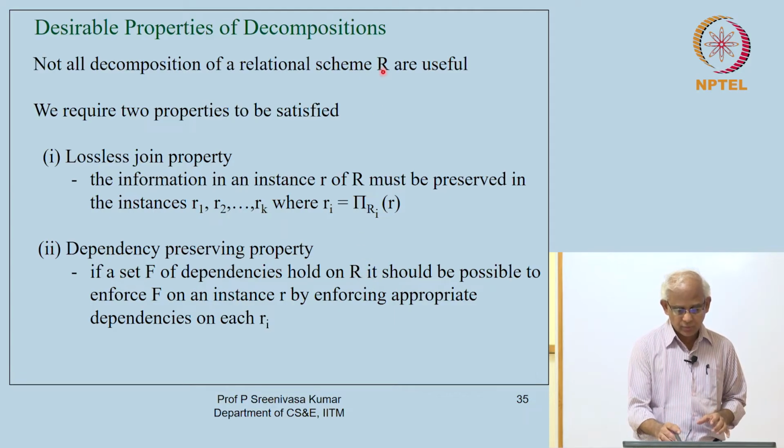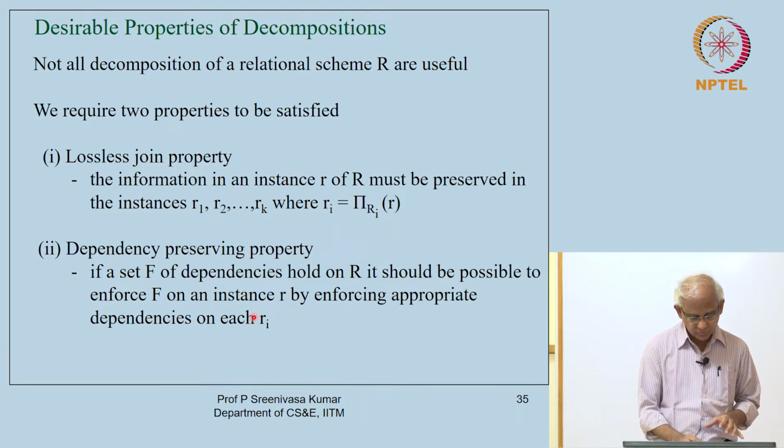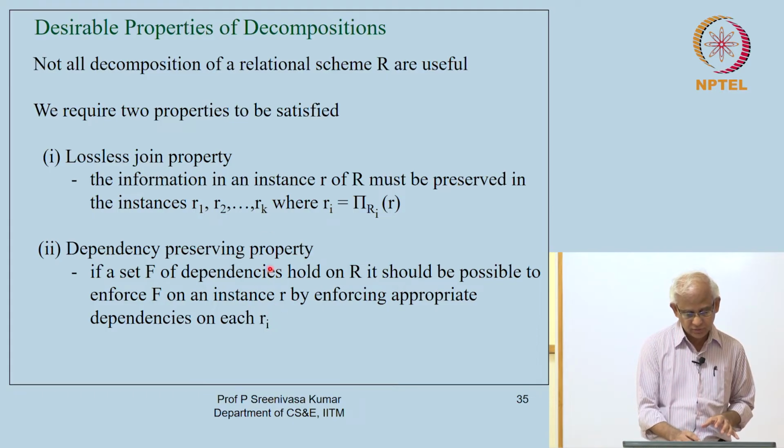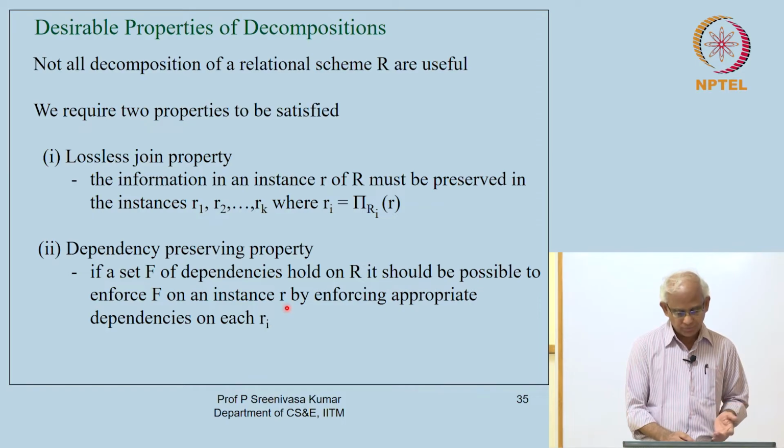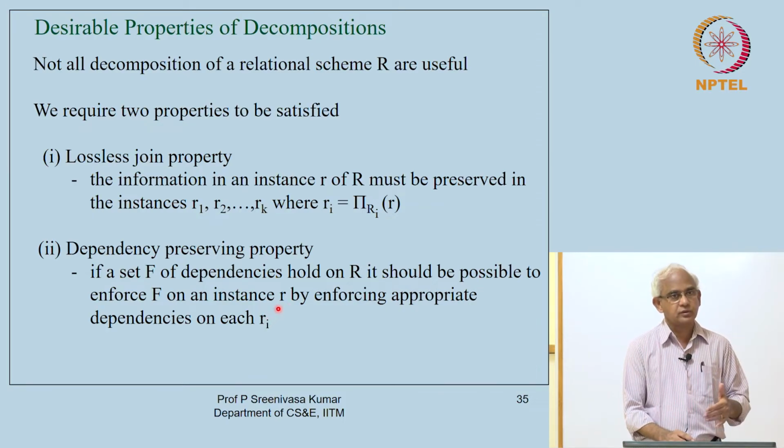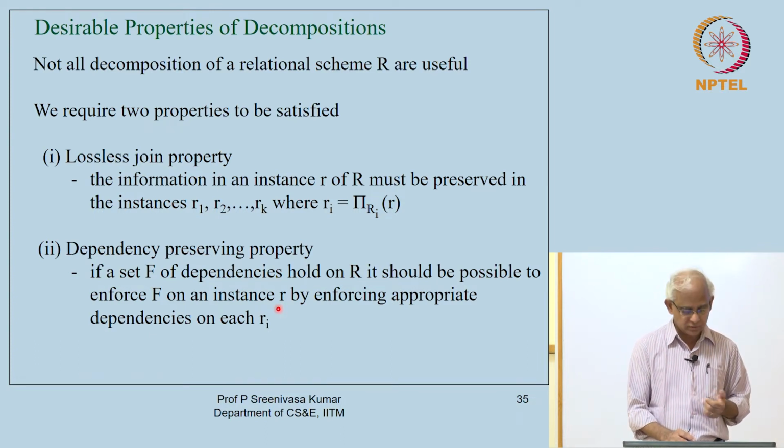How do we appropriately translate those functional dependencies into each of these Ri's so that enforcing these functional dependencies on each of these instances, or in each of these decomposed relations, is equivalent to enforcing the functional dependencies on the original table, original relation? How is it possible? That is another thing.